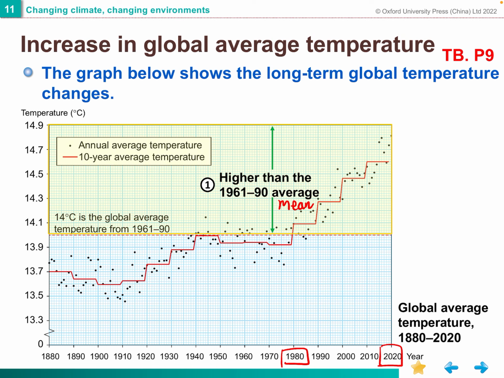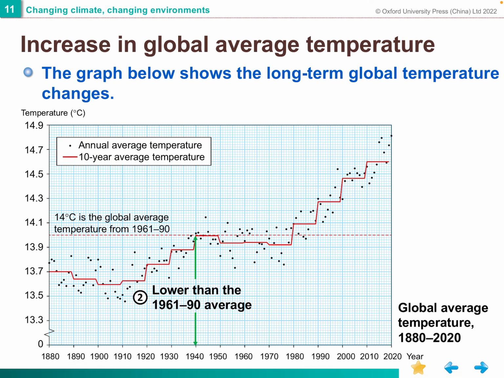I guess most of you should be okay. I'll give you a few more seconds. We found that in recent years, all the numbers are above average. Point 2, I also want you to mark down: how about in the past? In the past, it's very easy. They are lower than the average in 1961 to 1990.